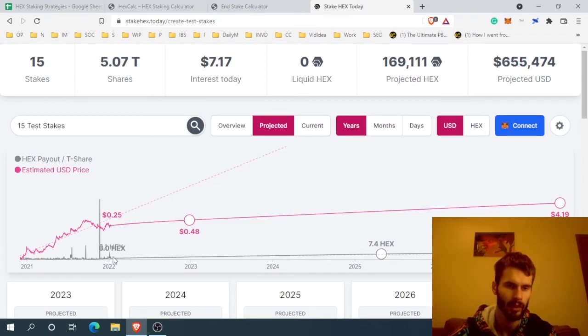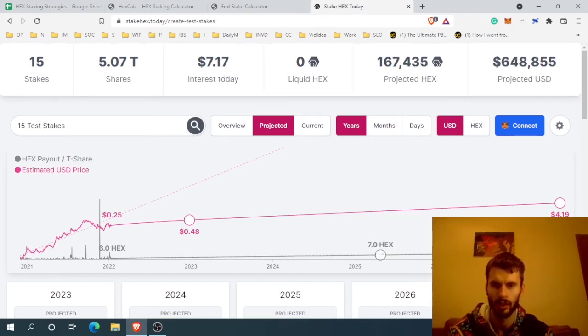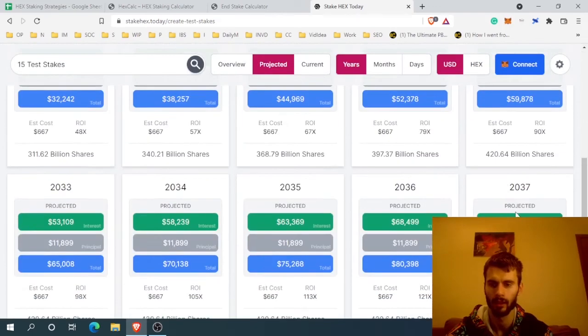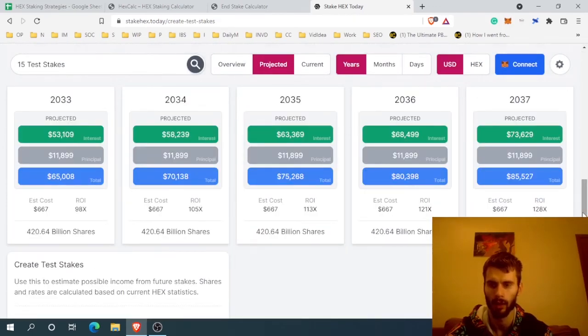Right now it is at around 6 Hex per T-share, and I'm not too sure how much of an uptrend the curve is going to be. And again, it's quite a speculation, but 7.4, maybe just 7 within several years is doable. We'll see. Though, yeah, that definitely cuts down our profits a bit.